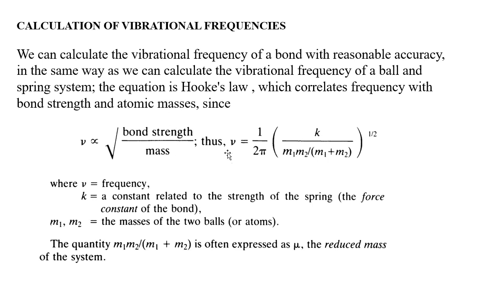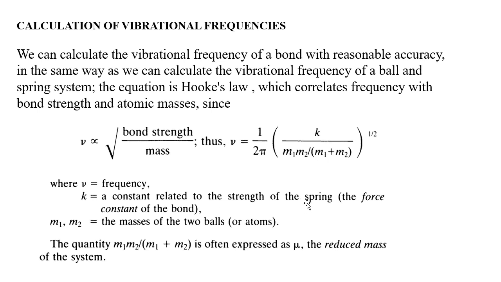It is otherwise represented as nu equal to 1 by 2 pi into k divided by m1 m2 divided by m1 plus m2, all raised to half, where nu is frequency and k is a constant related to the strength of the spring.